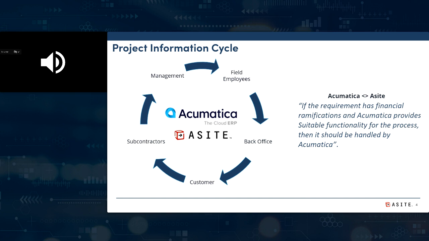Now, as we all know, as we've teed this up, this is really a joint presentation in regards to how Asite complements your existing Acumatica solution on the back end. So you have Acumatica as your project financials tool, and then we'll be layering in Asite as that project management, project collaboration tool.